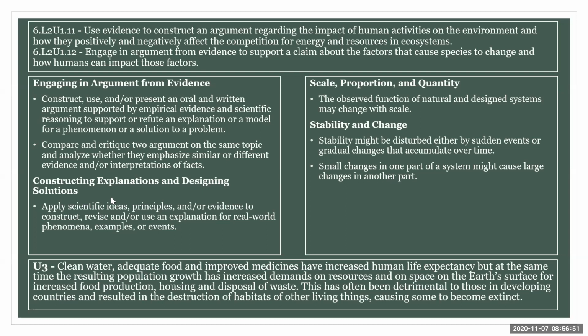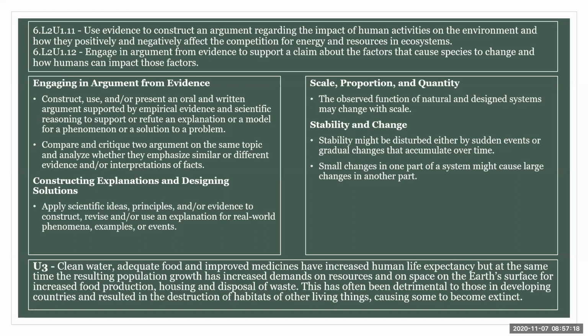For our cross-cutting concepts, we are looking at scale, proportion, and quantity because we want them to understand systems may change with the scale. We want stability and change in there because, again, we're talking about how ecosystems can change with things happening. So we want to talk about the stability and change over time, how something may happen suddenly, or that it may take long periods of time to happen.